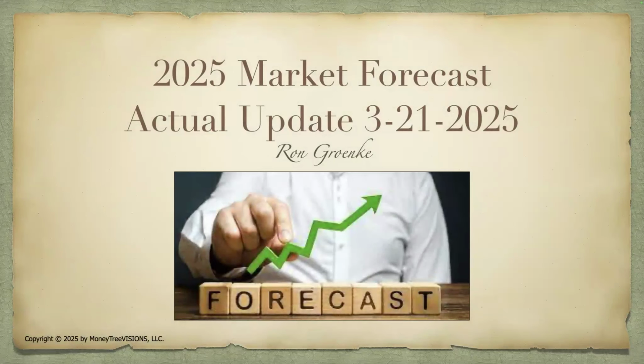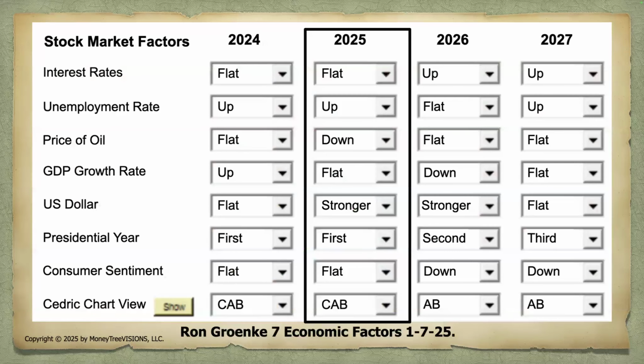Okay, the forecast. Let's go see what's happened here. These are the settings that we started out with at the beginning of January. For 2025, interest rates are flat. Unemployment rate has been up a little bit. Price of oil is maybe flat, but we think it's going to be down for the year. GDP growth rate is flat; we're not seeing a strong economy yet. The US dollar is stronger.